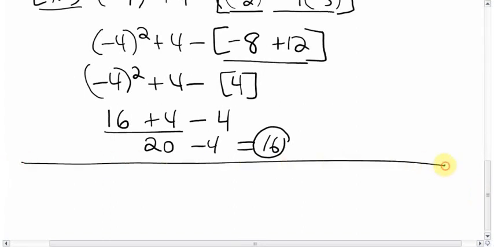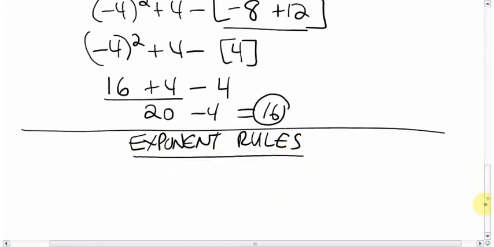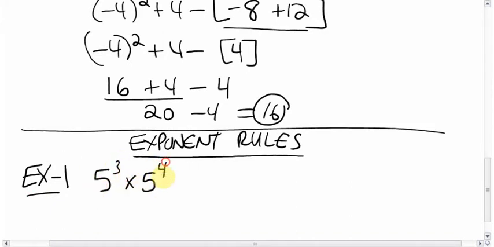Okay, the other thing with exponents are the things called exponent rules. And exponent rules, or as I called them earlier in the year, exponent tricks, are ways that you can figure out the answer without having to do some crazy calculations. And these are used when you're asked to find the answer in exponent form. Here's what I'm talking about. 5 to the power 3 times 5 to the power 4.